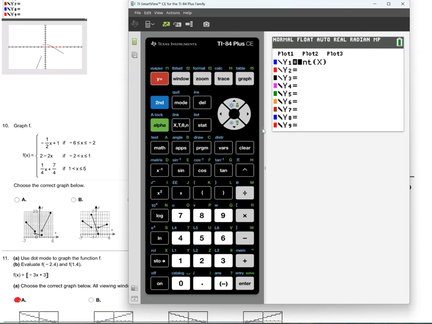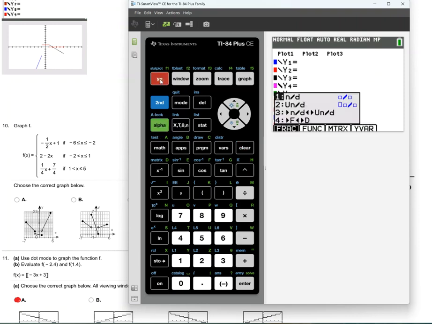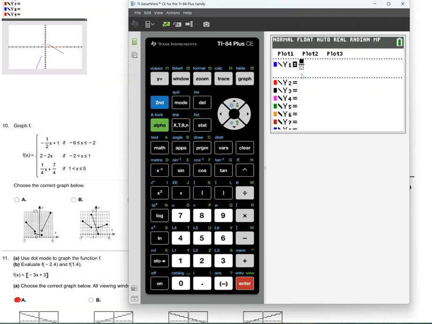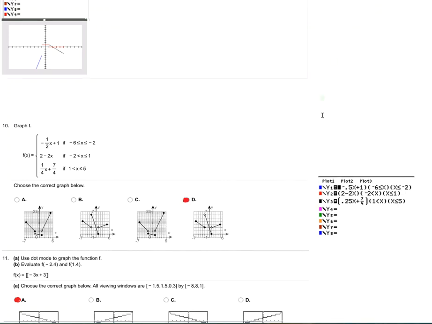If I wanted to put in 7/4 as a fraction, if you do alpha and y equals, the first one says put it in fractions. So you just hit enter, and it's going to give you a fraction icon right there. And then you could hit 7, use your right arrow, and put 4. So that's just a quick trick. Alpha and y equals gives you that fraction possibility.